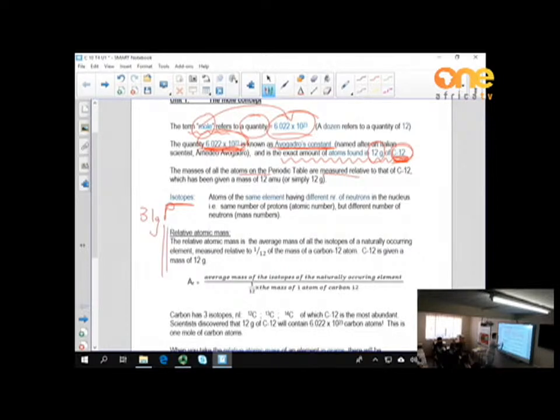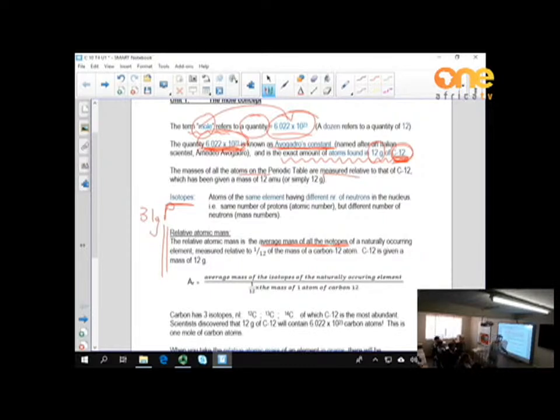The formal definition: the relative atomic mass is the average mass of the isotopes of a naturally occurring element, measured relative to 1/12 of the mass of carbon 12, because in carbon 12, if there are 12 protons and neutrons, each proton or neutron has a mass of 1. Okay, which has been given a mass of 12 grams.